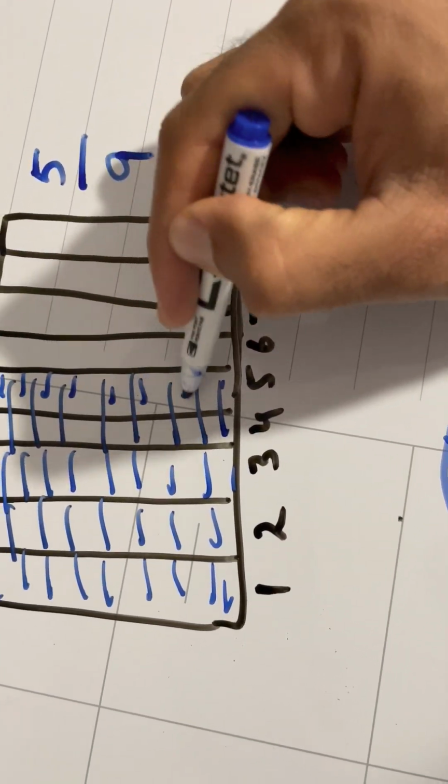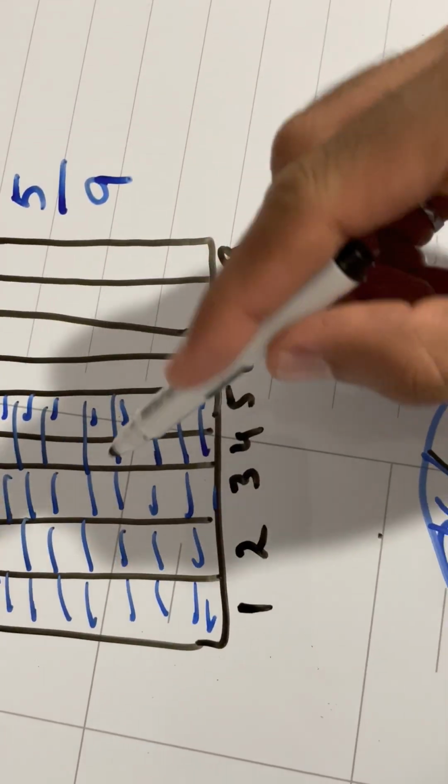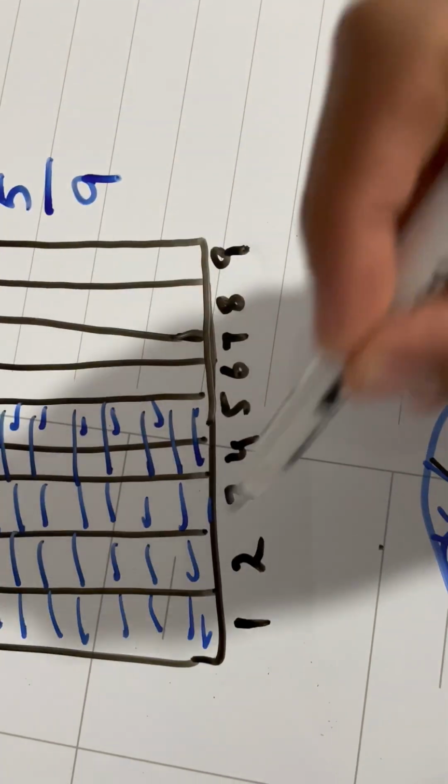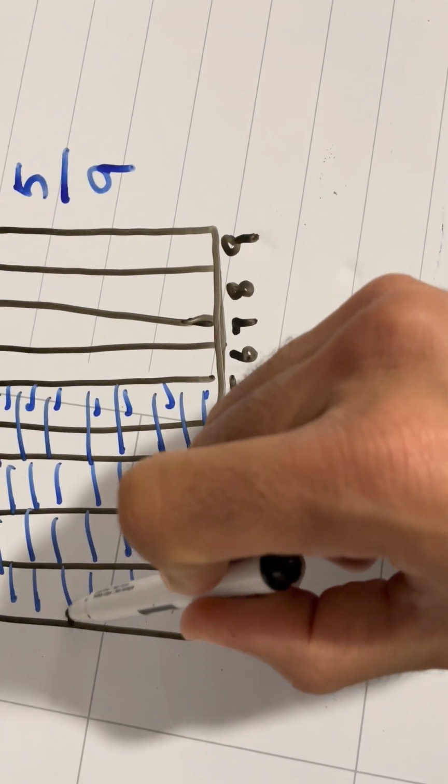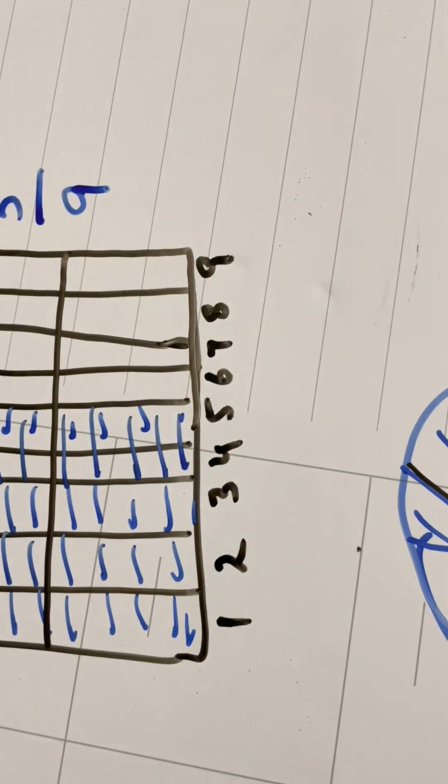But further, without changing the shaded area, if we divide each part into half, let's say I draw this line.